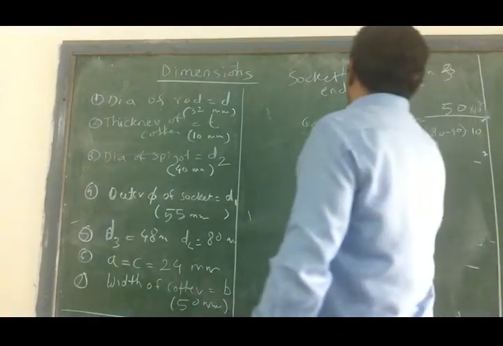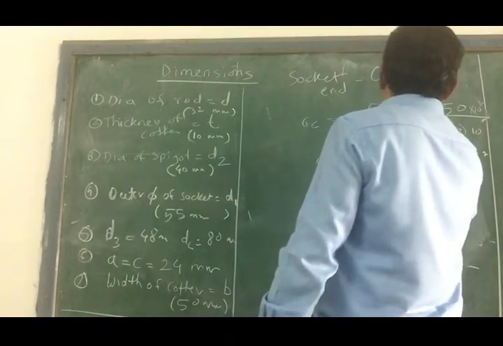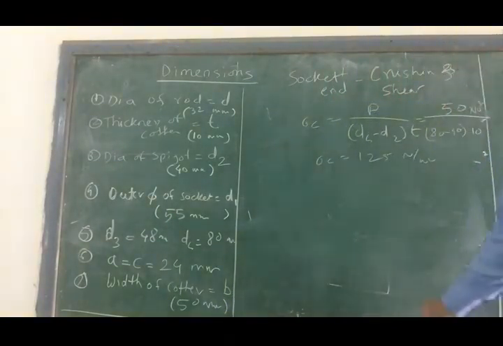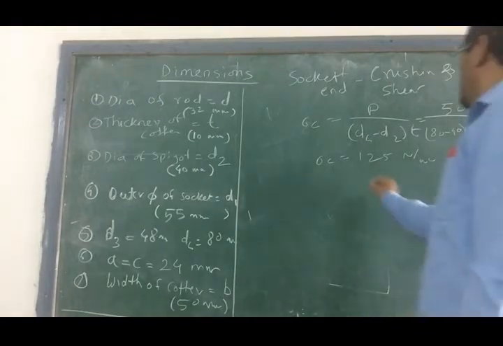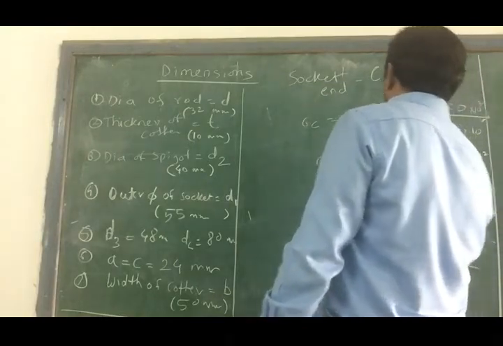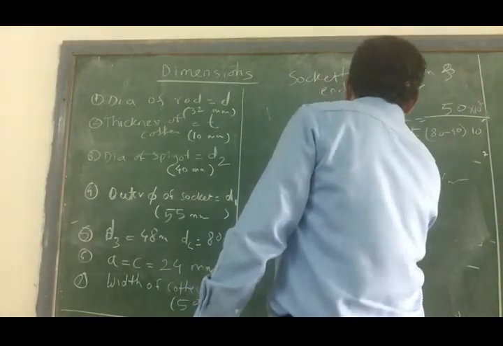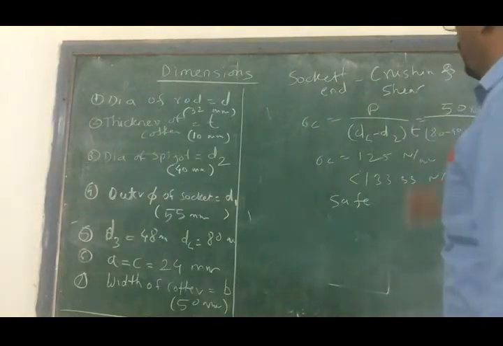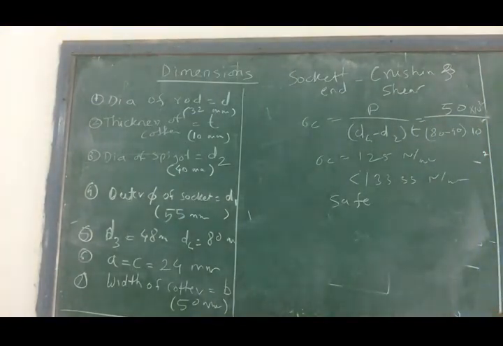So we get sigma c equal to 125 Newton per mm square, and it was 133, right? Allowable stress was 133. It is less than 133.33 Newton per mm square compressive stress. The design is safe, so the socket will not fail because of the crushing.